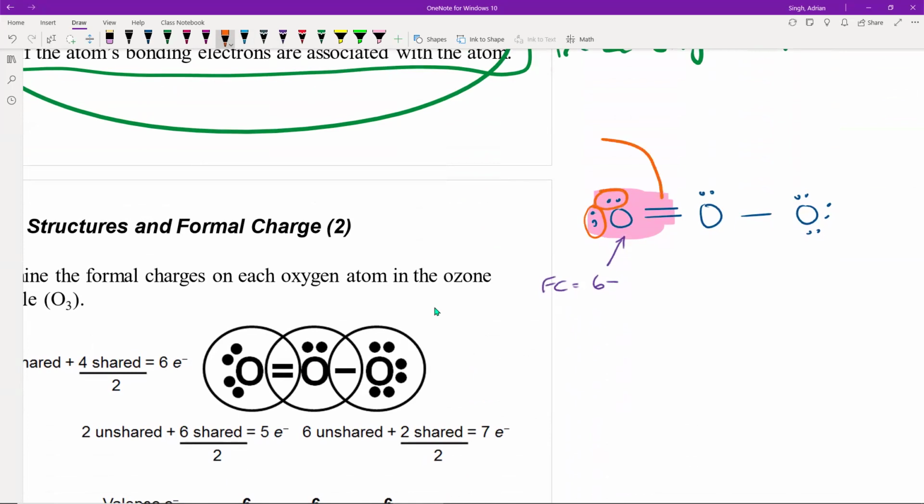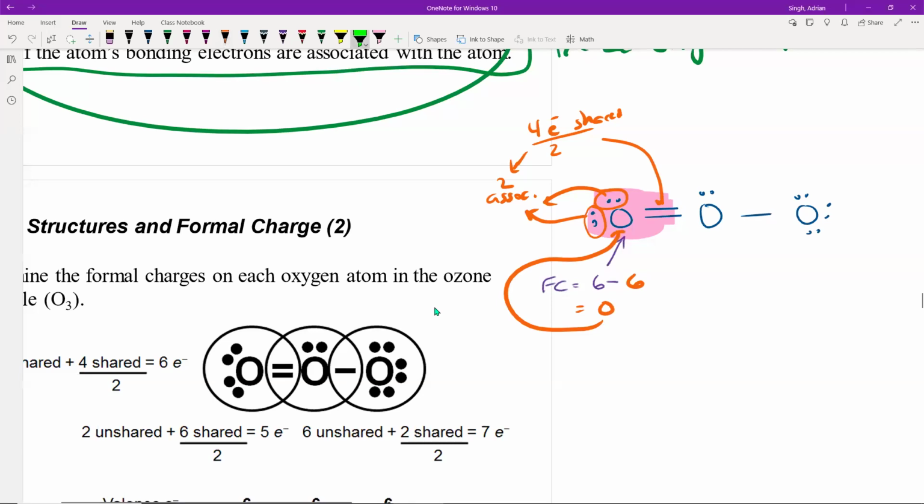And in a double bond, remember, 4 electrons are shared, we take half of those. So 4 electrons divided by 2 would give 2 associated electrons. Plus the 2 here and the 2 there, that would give a total of 6 associated electrons. 6 minus 6 would give 0 for the formal charge on that oxygen.